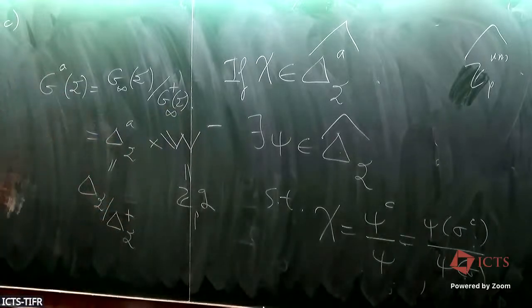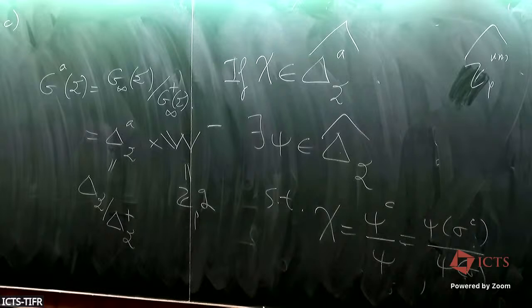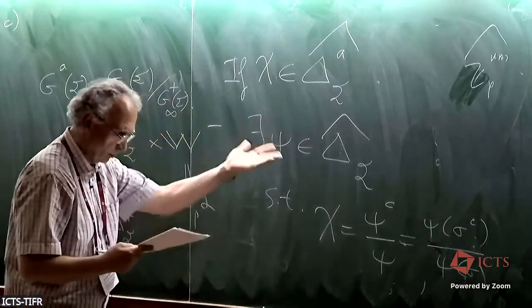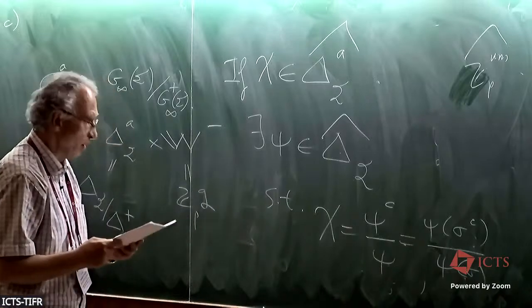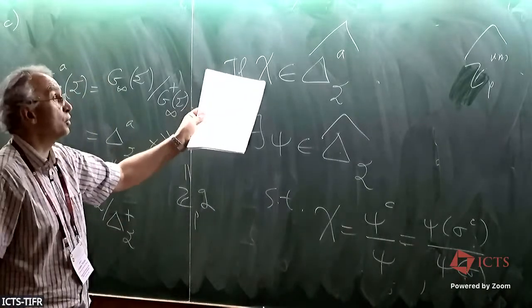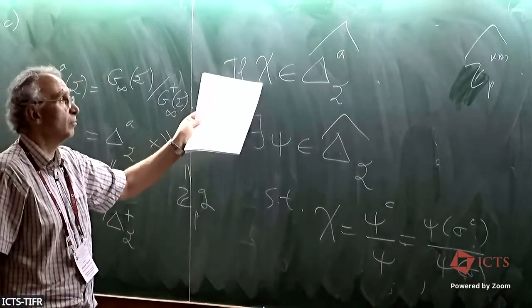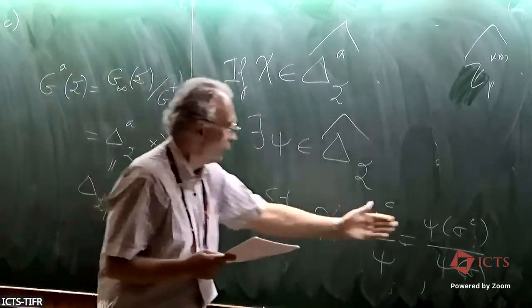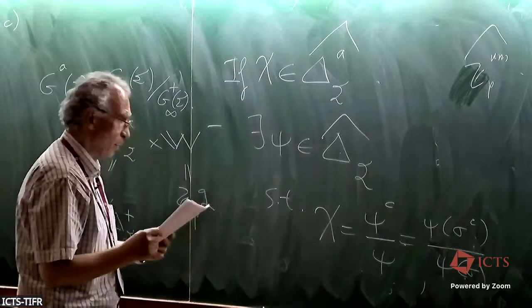This is conjugation by C. That's easy because of the definition of delta plus as the invariance. And so given a chi, we get a psi. That's very important. So this is a so-called anticyclotomic character, finite order character, and it gives rise to a character psi also.